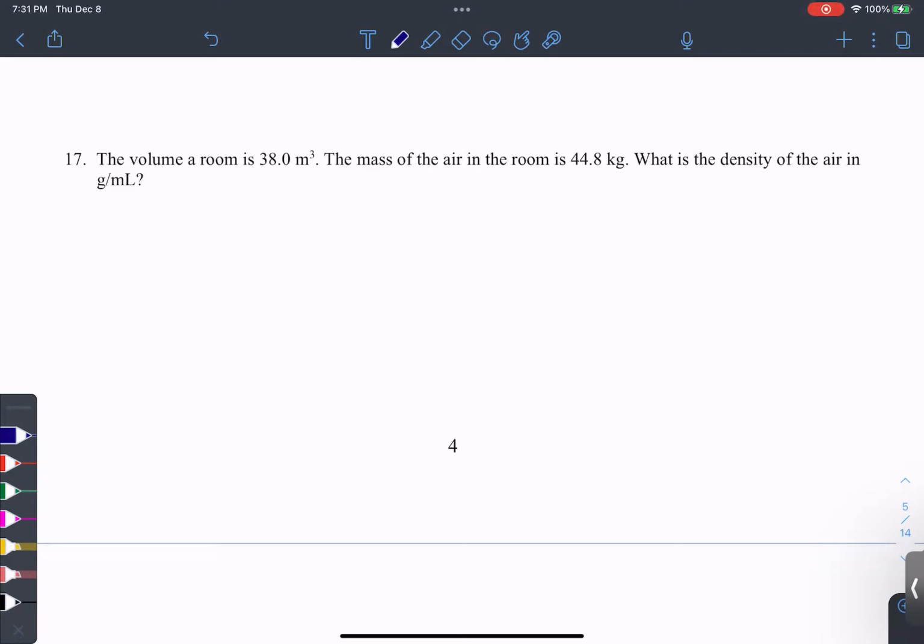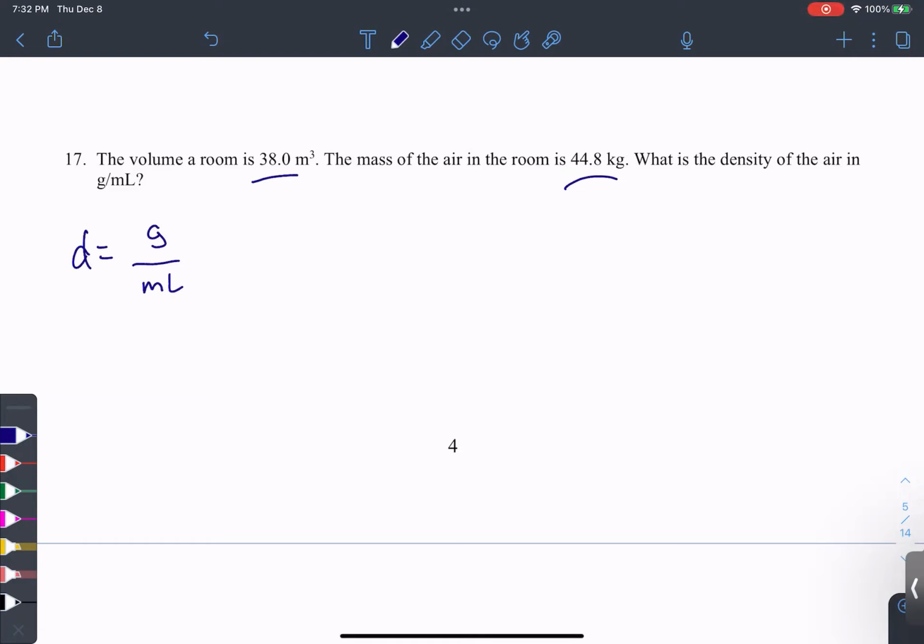It's unit conversion. So you just got to be real careful with your units and your conversions here. I have a volume of a room, the mass of air in the room. What is the density of air in grams per milliliter? So my goal here is I need to get the mass in grams, and I need to get the volume in milliliters.